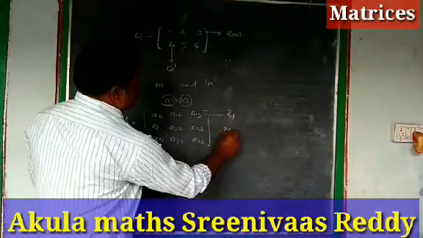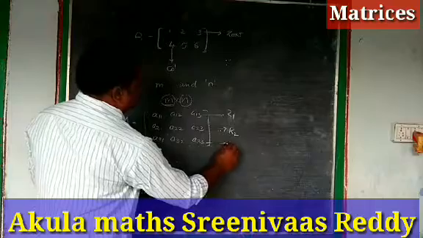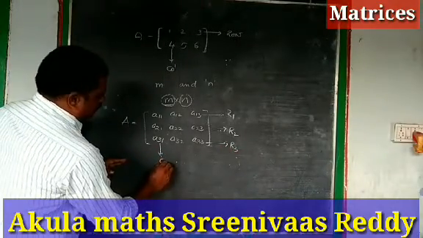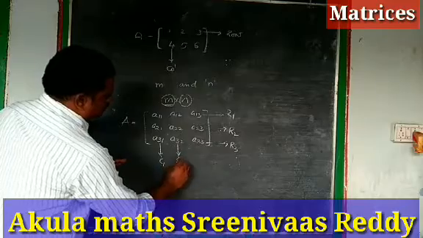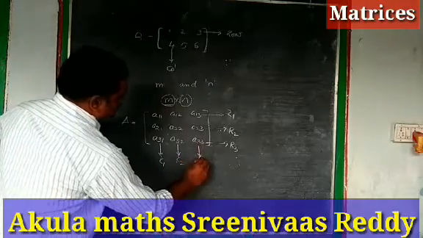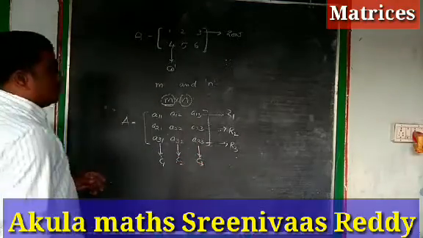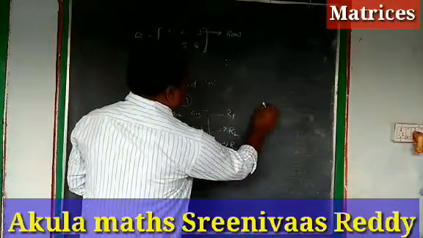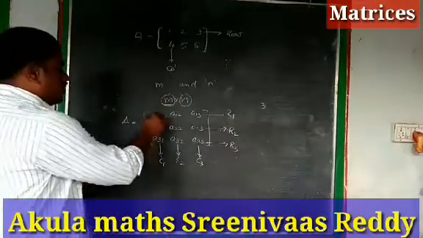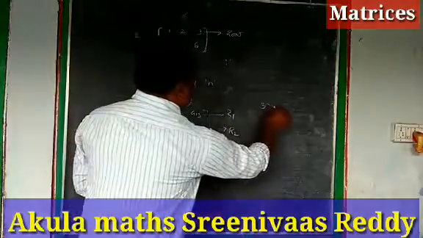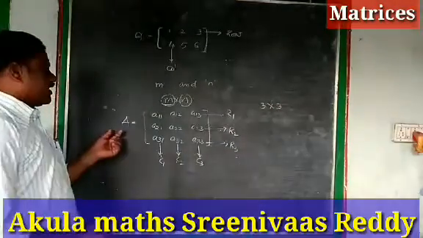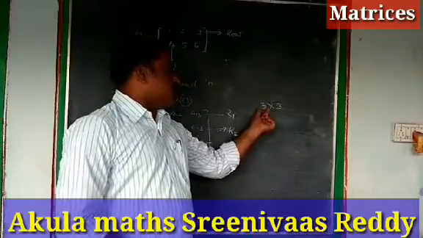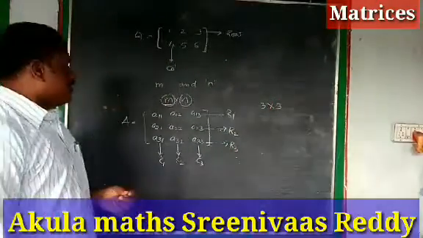This is the second row, and this is the third row. This is called C1, this is called C2, and this is called C3. So here the number of rows is 3 and the number of columns is 3. So the order of the given matrix A is 3 by 3, that means 3 rows and 3 columns.